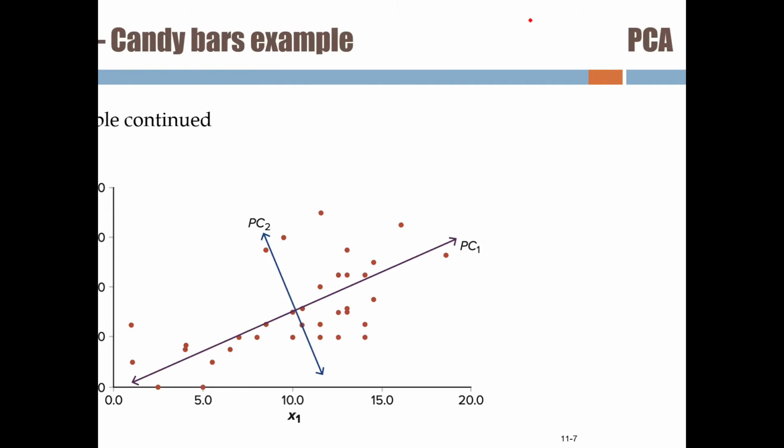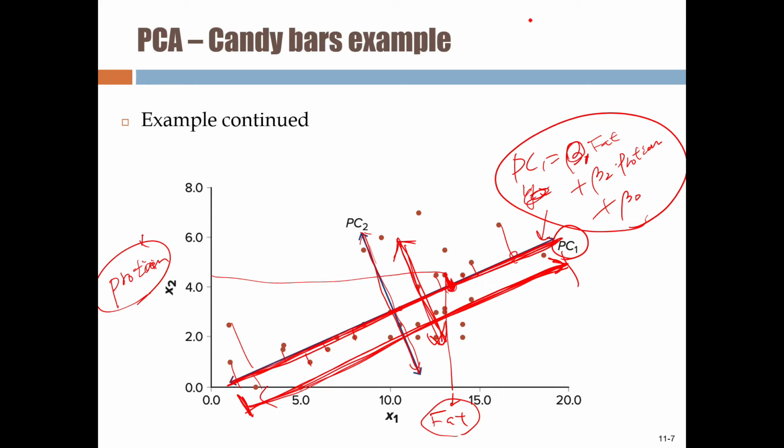Even though we are calculating the line, actually we are tilting our axis so that the axes are perpendicular to each other. At the same time, we make the variation along the new variable maximum.